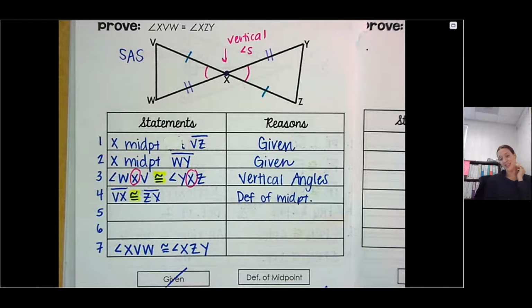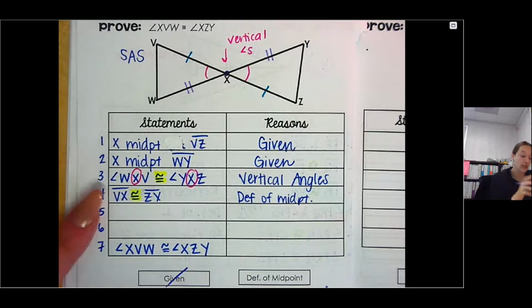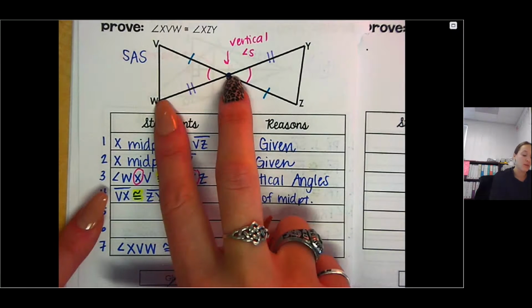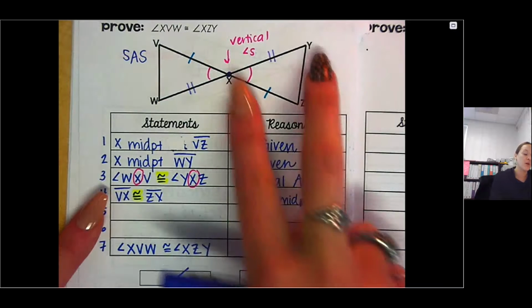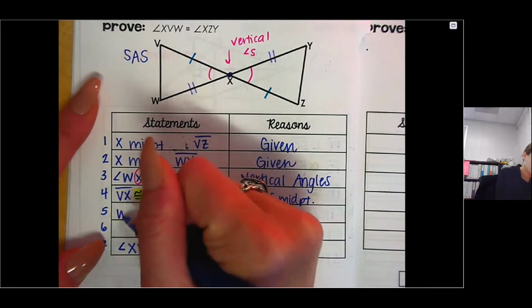What's your next sentence going to be? It better be the other definition of midpoint, and what are the other two sides that are congruent? You did VX. Oh, WX, good. Okay, this one over here, yeah, WX is congruent to YX, the ones with the two tick marks on it.